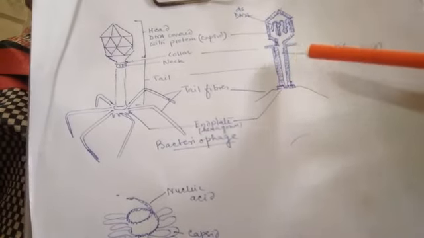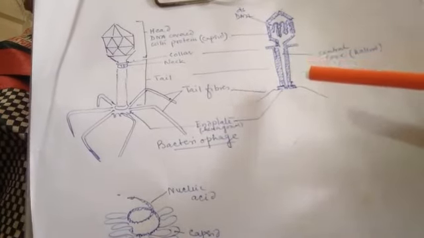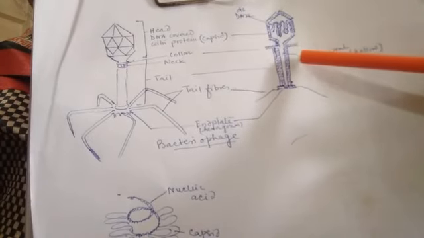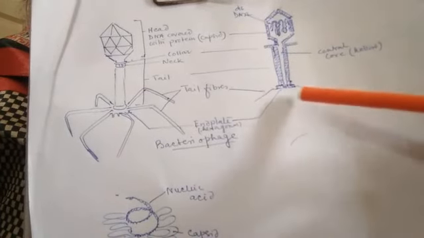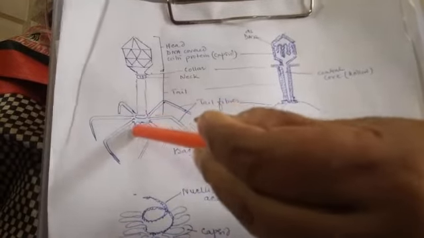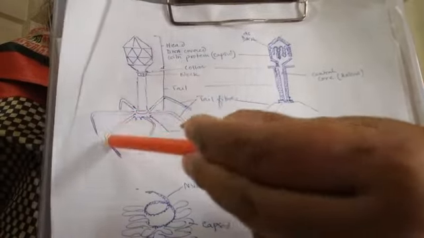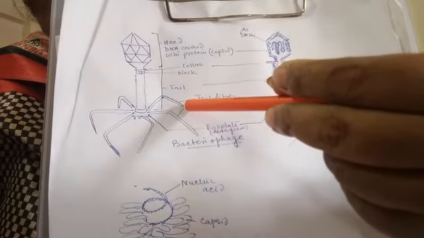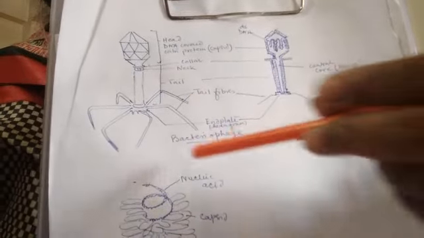There are pins in the basal plate, which also bears 6 long tail fibers. These are the organs for attachment on the surface.